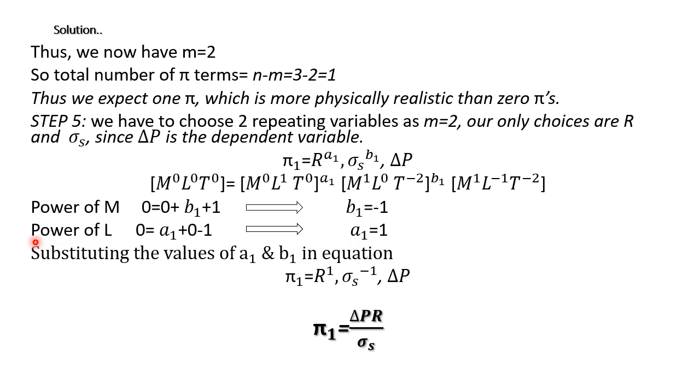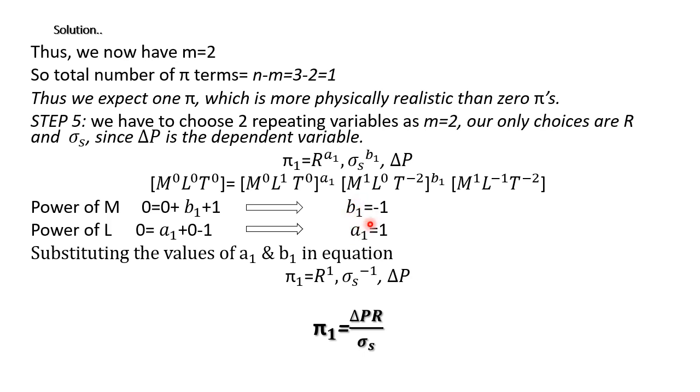Now let's compare the power of L. Here the LHS is equal to 0, and on the right it is L^1 into a1, which is a1, plus L^0, which is 0, and here I have L^-1. So a1 is equal to 1. Now we have found the constants a1 and b1.